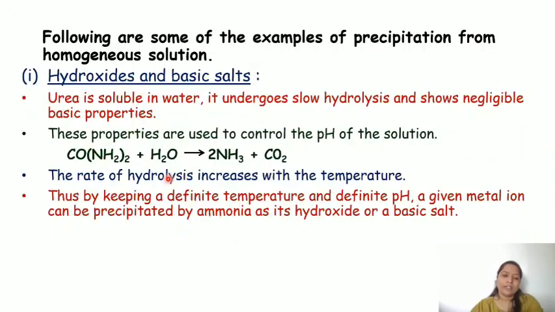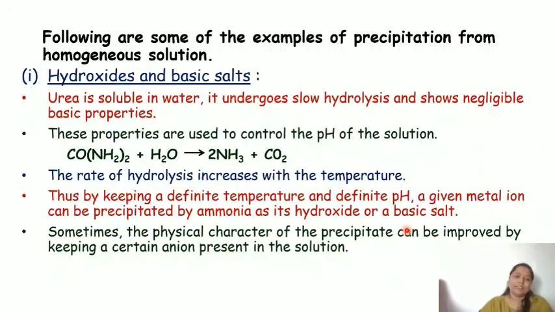After hydrolysis, it forms ammonia, then the solution becomes slightly basic, and that property of urea is used to control the pH of the solution. And thus by keeping the definite temperature and pH, a given metal can be precipitated by ammonia as its hydroxide. There is a formation of metal hydroxide or basic salt.